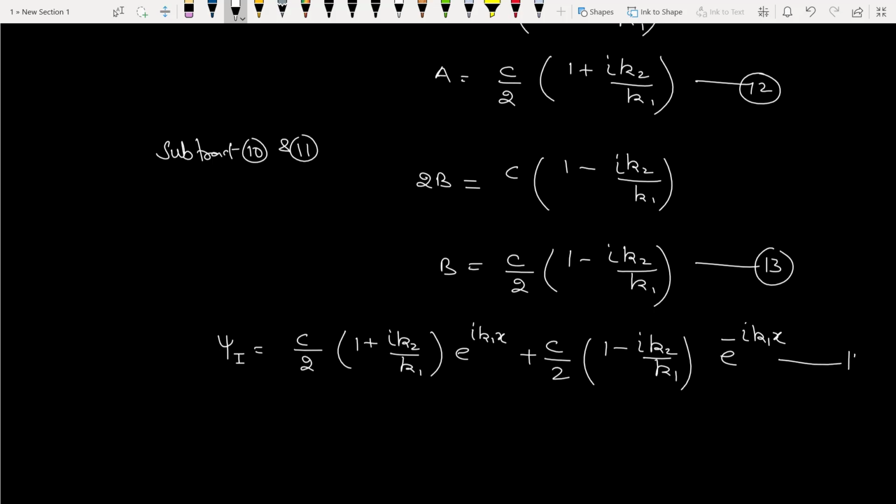We mark this as equation number 14. The first part is termed as the incident part. The second part is termed as the reflected part of the wave function.